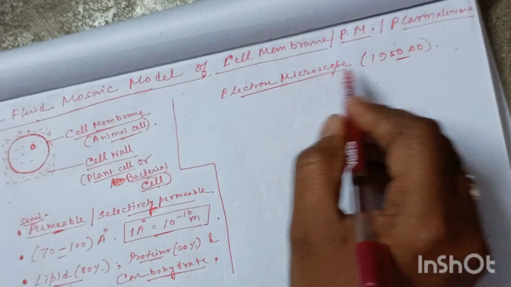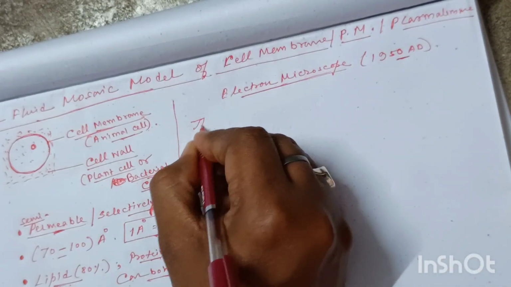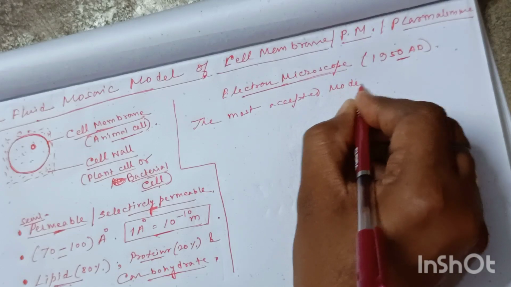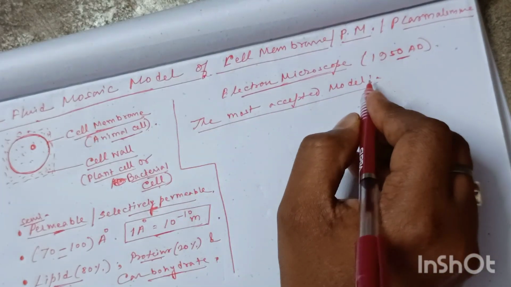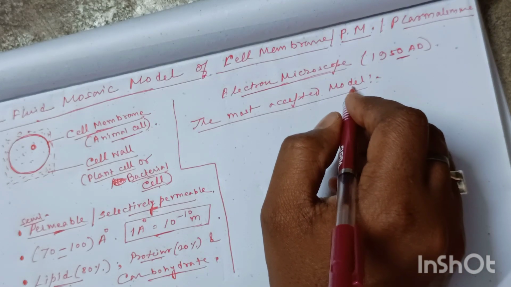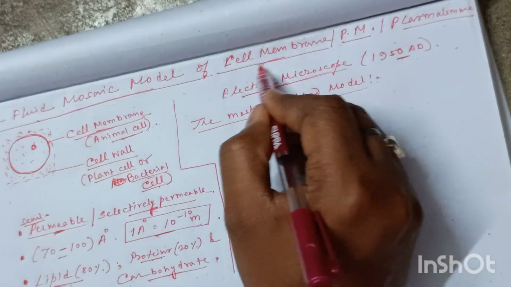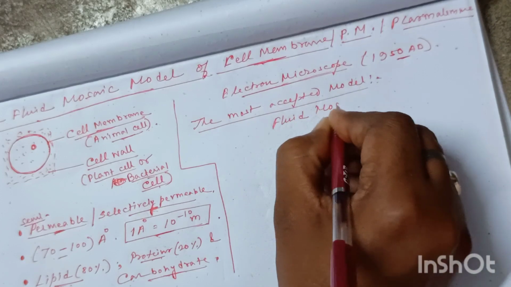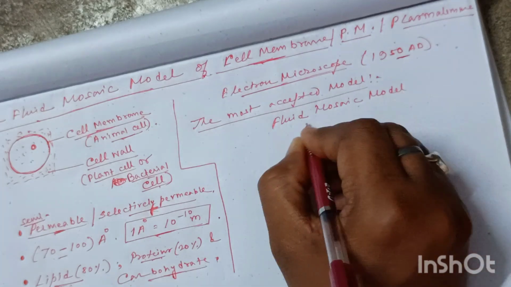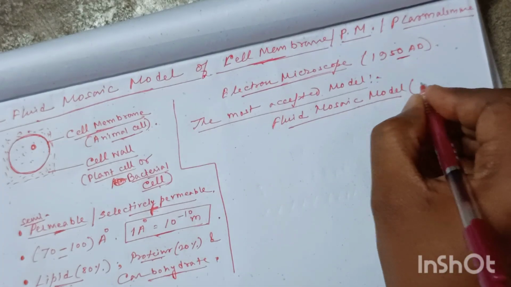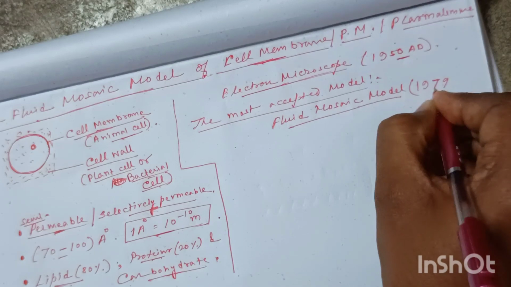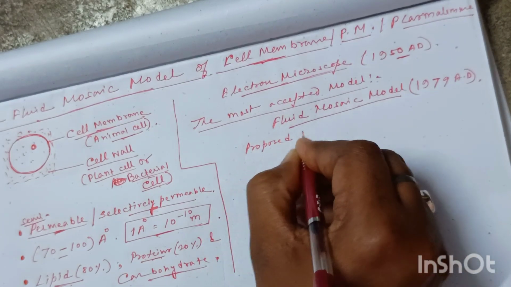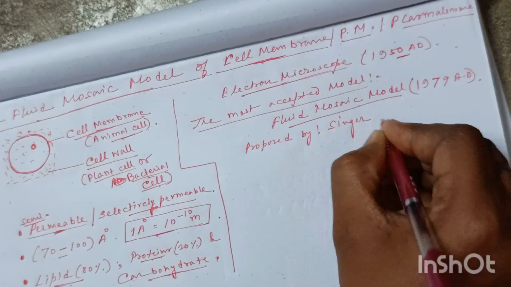After the invention of the electron microscope, the most accepted model which most convincingly explains the structure and function of a cell membrane was the fluid mosaic model, which came around 1979 AD, proposed by Singer and Nicholson.